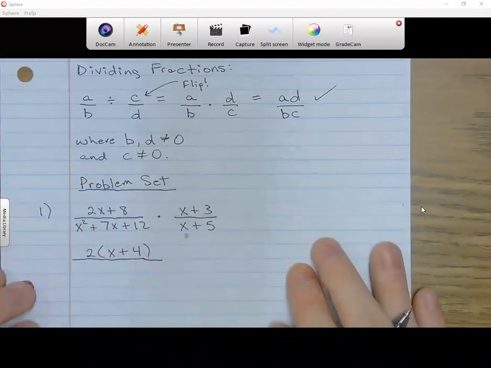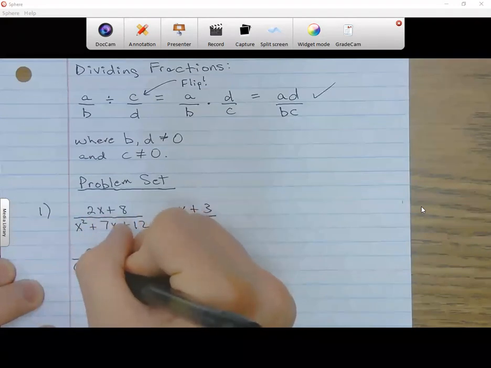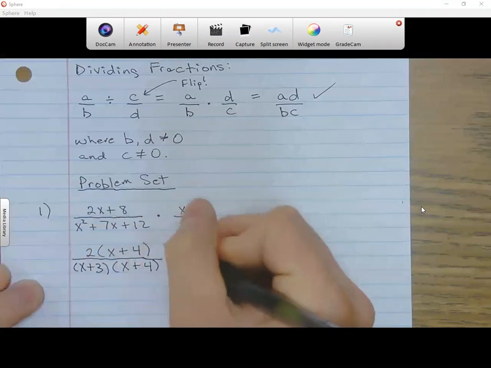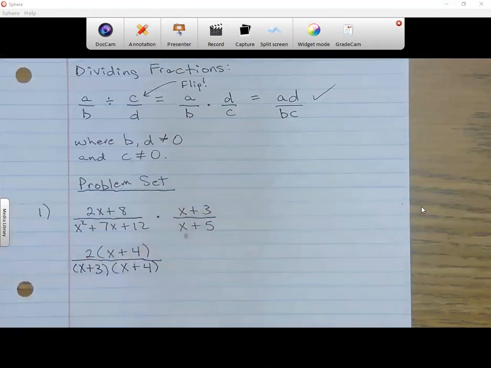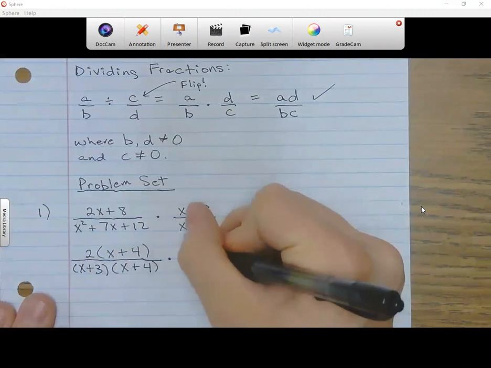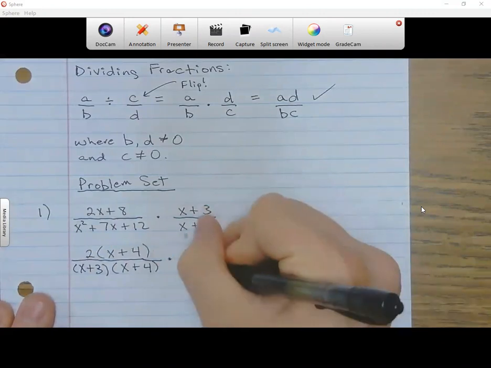On the bottom, I can factor this as x plus 3 and x plus 4, right? I'm trying to find those two numbers that multiply to 12, but at the same time add up to 7. So now I write out my second fraction over here. Notice this one doesn't change because it's already factored, so I don't really have to do anything to it.